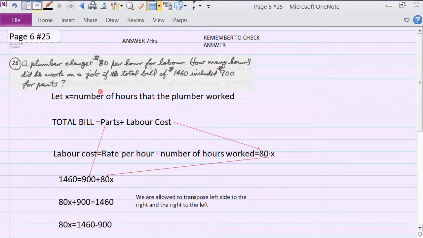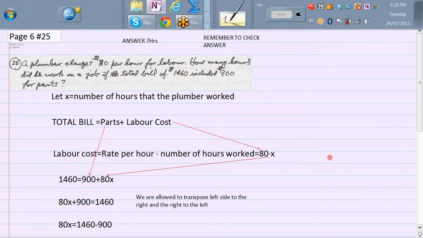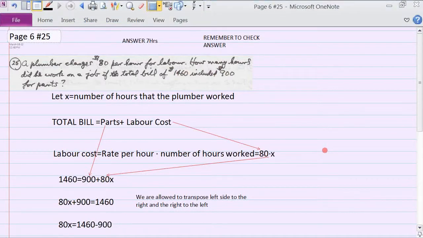So that, and we know that 1460 from right here. So this completes topic 2. And I think you should be able to now do the other problems on this page and be able to solve most linear equations.